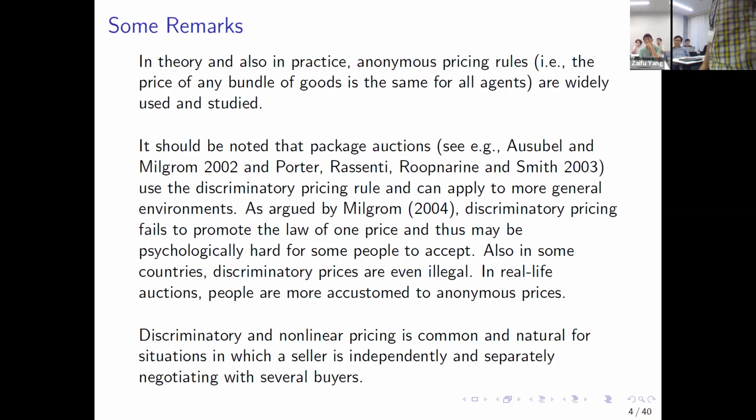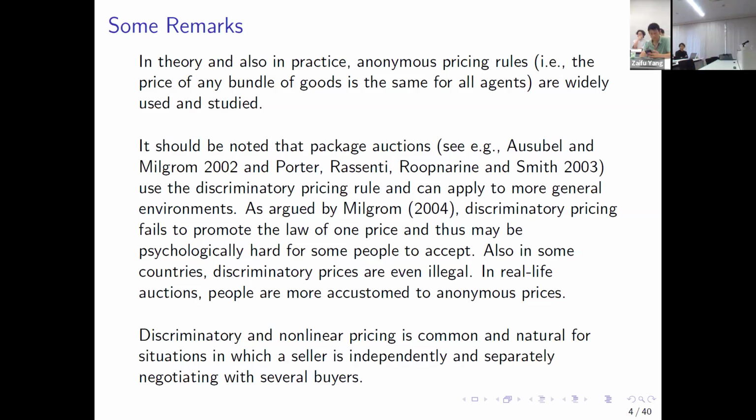It means that for the same bundle of goods, different people have to pay different prices. So, but of course, in practice, people are more used to anonymous prices. And even in some countries, if you go to any shops, you cannot use discriminatory prices.